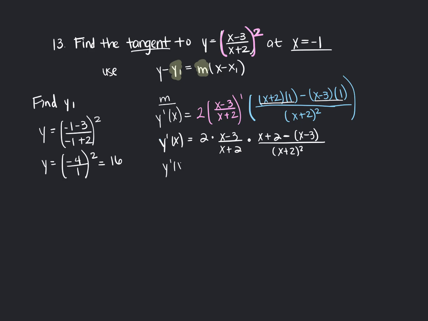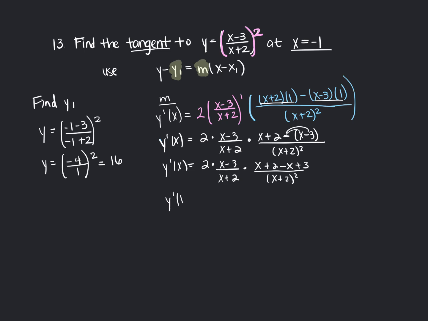So y prime of x is 2 times x minus 3 over x plus 2 times, I'll have x plus 2 minus x plus 3 because I distribute that minus sign over x plus 2 squared.